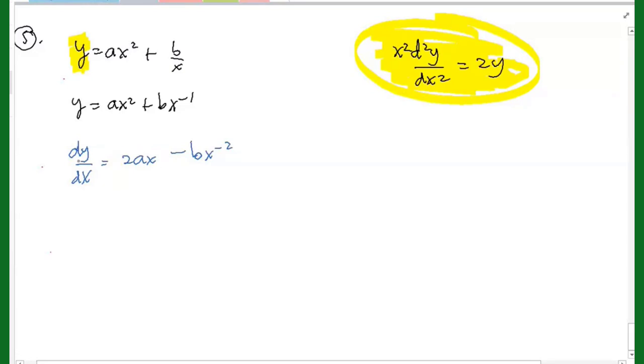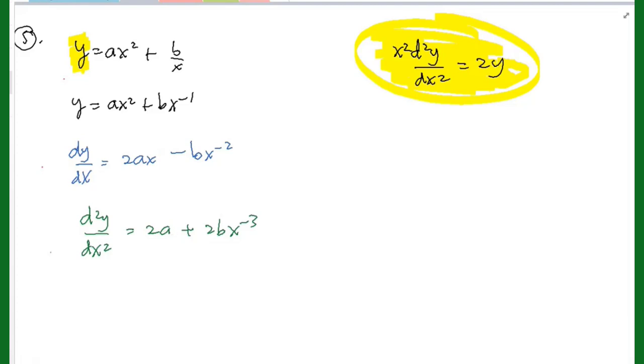And then you need to do it a second time because I have to find d squared y over dx squared. Okay, d squared y over dx squared is 2a plus 2b x power negative 3. Settle. So now we adjust, because we don't want a and b, must get rid of a and b.